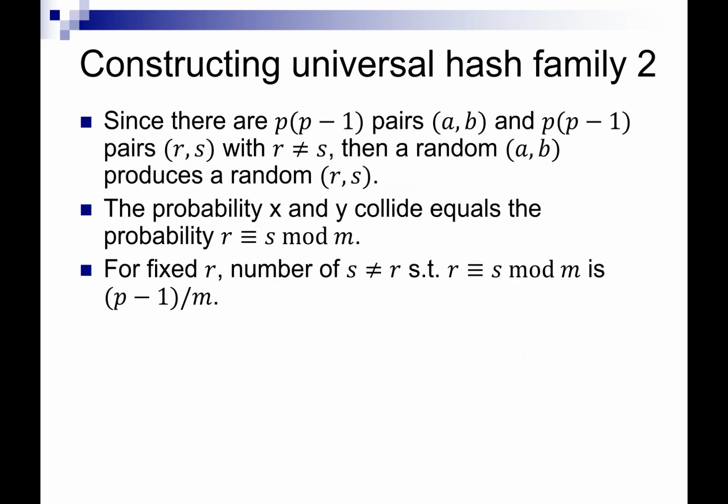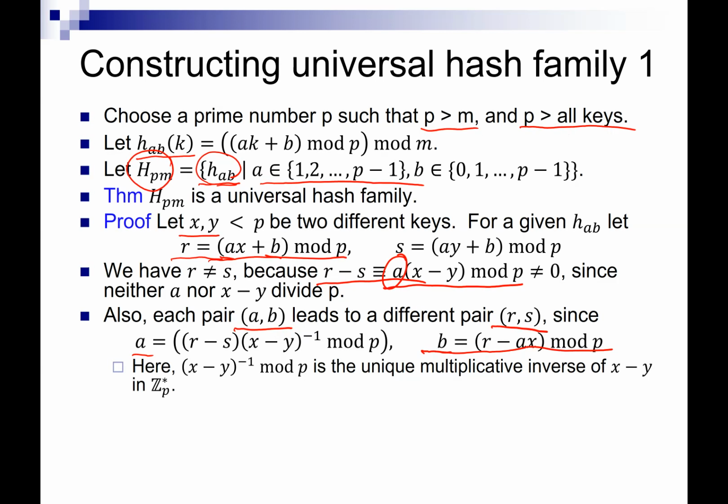All right, so that is the second fact that we need. Remember, how many A-B pairs did we have? Well, A is from this set, and then B is from this set.